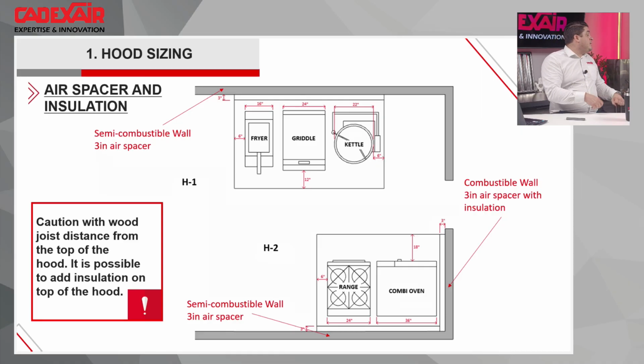So I prefer to keep the 3-inch spacer, and sometimes we're not sure what happened, so it's always good to put 3-inch air spacers for any reason. If it's combustible, we can only put back some wool inside of the hood and be able to do it.